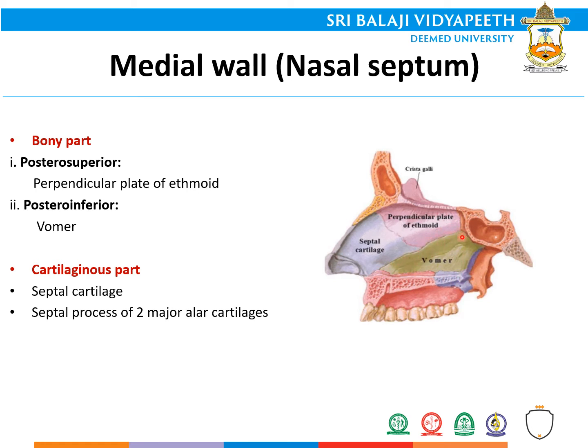Vomer is a part of the sphenoid bone, right? So the vomer, the perpendicular plate of the ethmoid, and then this is the cartilaginous part here, which is made up of the septal cartilage, right? And the septal processes of the two major alar cartilages. So these constitute the cartilaginous part.